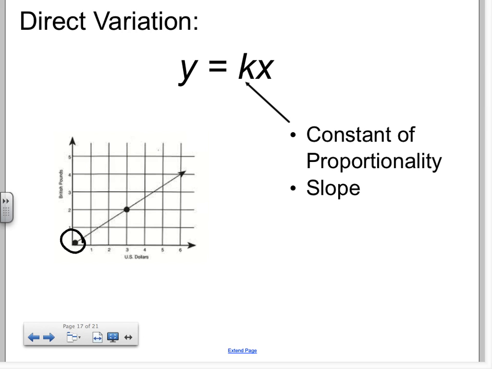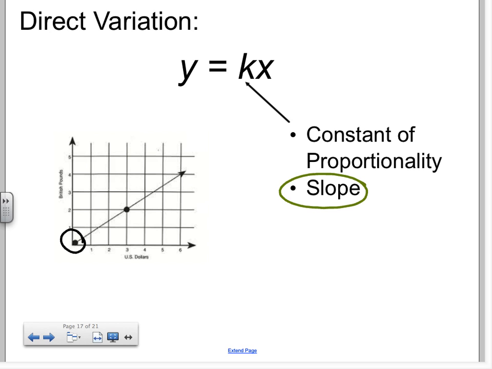And now, instead of calling it constant of proportionality, we're going to refer to that as slope. And k obviously can have positive and negative values, and we're going to talk about that. As we look through here, we're going to look at filling out tables, graphs, and how k affects the graph.